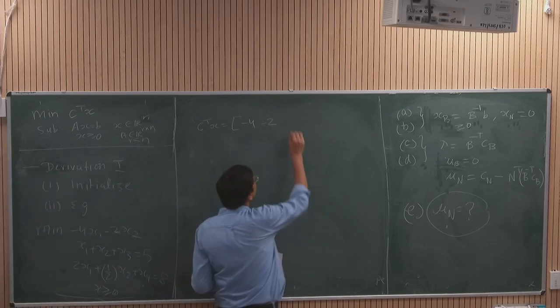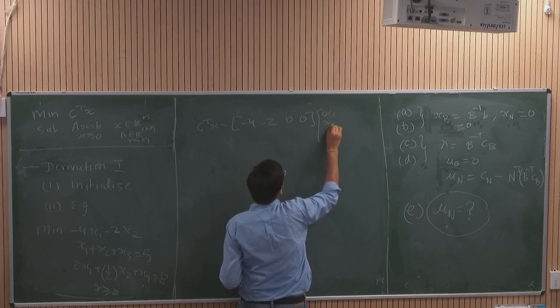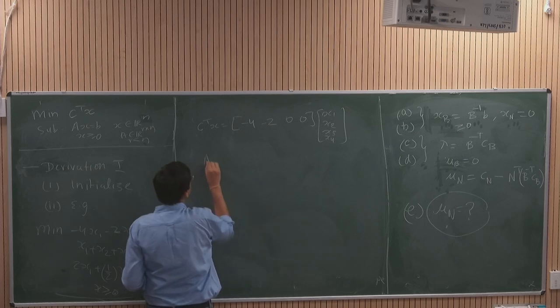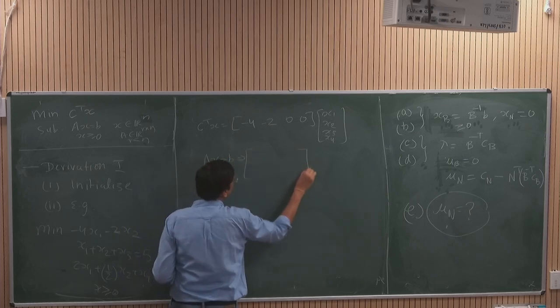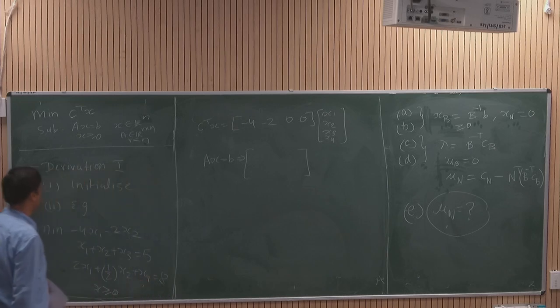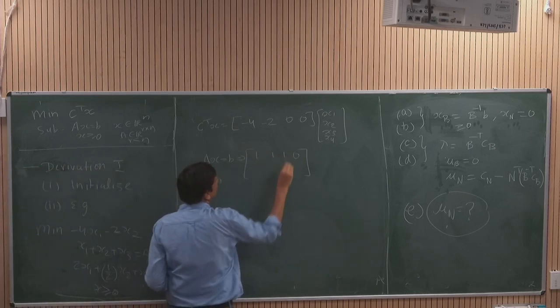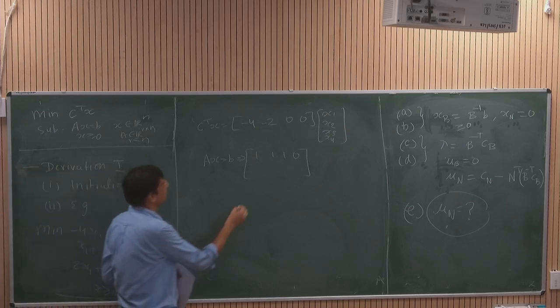There are 4 elements, right? So just keep that in mind. So it's x1, x2, x3, x4. What is your Ax equal to b? What is your A matrix? 1, 1, 1, 0. What's the other one? 2, half, 0, 1.